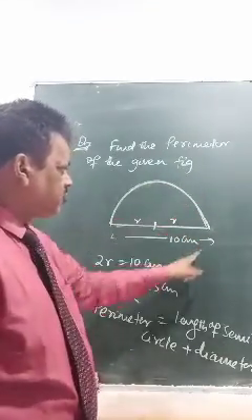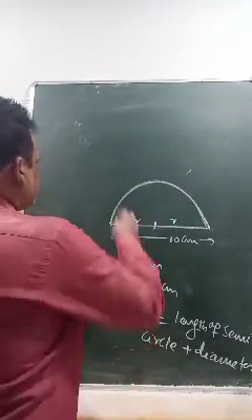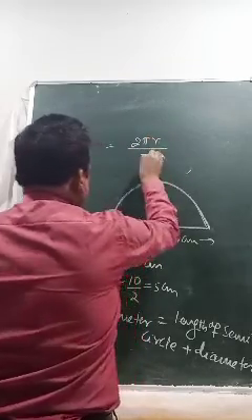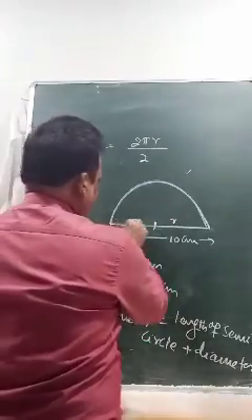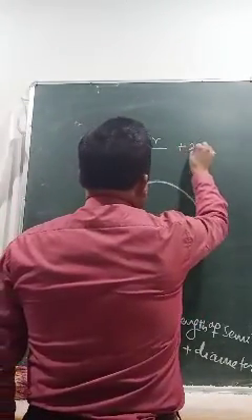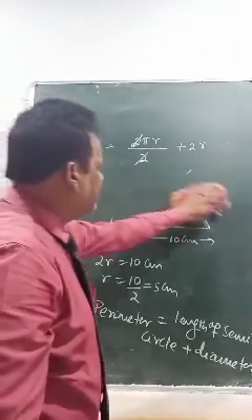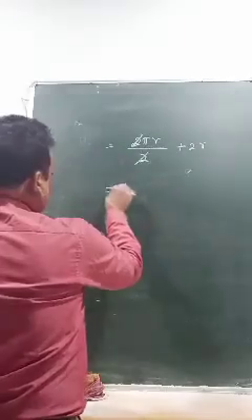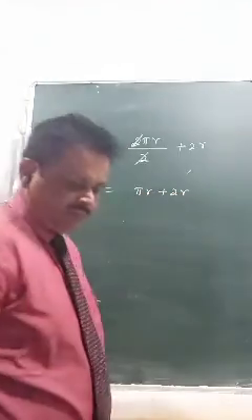Full circle is how much? 2 pi r. Semi means half, that means 2 pi r is full, then half. Semi means by 2. Plus diameter. Diameter means 2r. This 2 cancels. How much do you get? Pi r plus 2r. Pi r plus 2r. Okay.